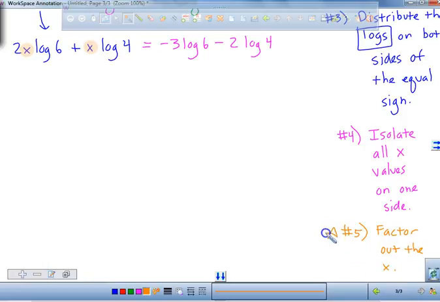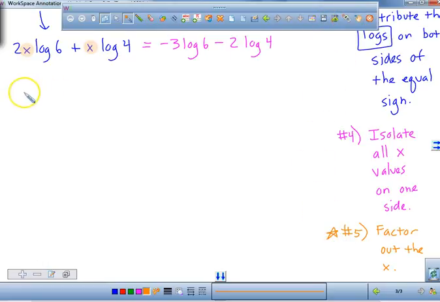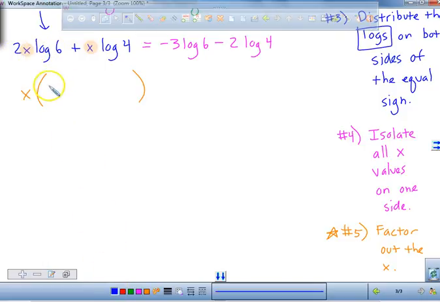This right here is probably the most important step, knowing how to factor out the x. I'm going to open up a set of parentheses. If I factor out the x out of this expression, all I have left is a 2, a log, and a 6. So 2 times the log of 6. If I factor out the x out of this expression, what do I have left remaining? Log 4. Good.